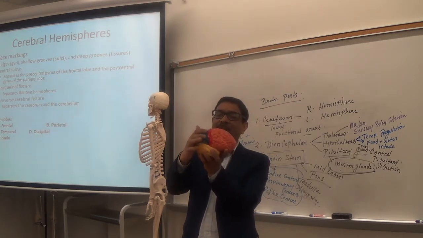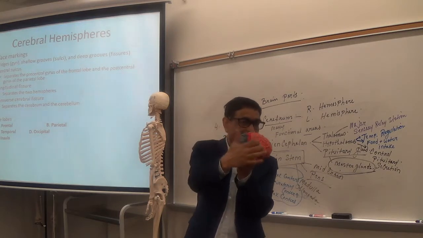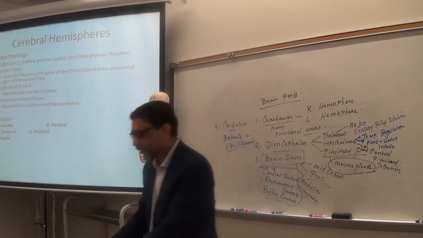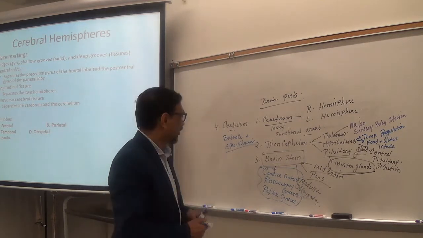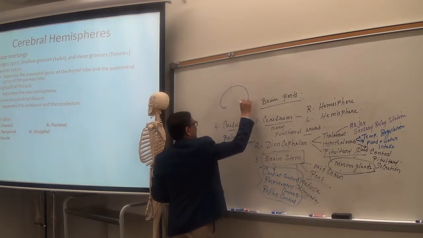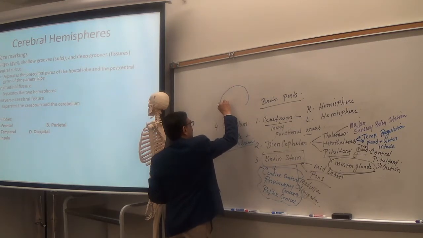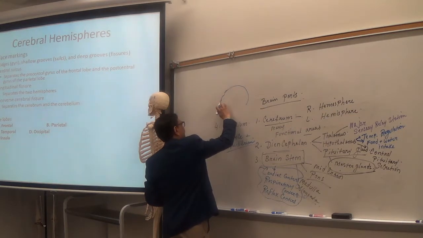We have many sulci, grooves, many grooves, right? These grooves are called what? Some people say sulci. So, on the surface of the cerebrum, you have many grooves like this. So, those are the sulci.